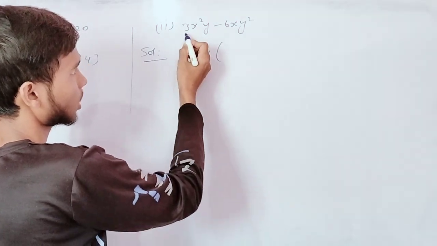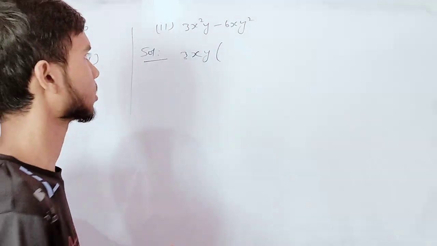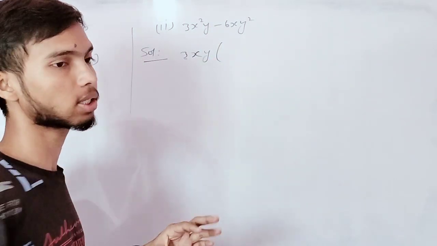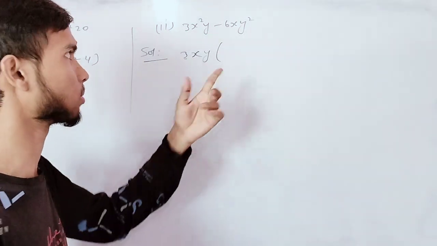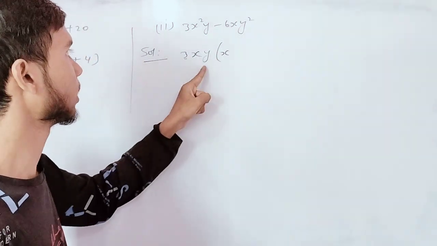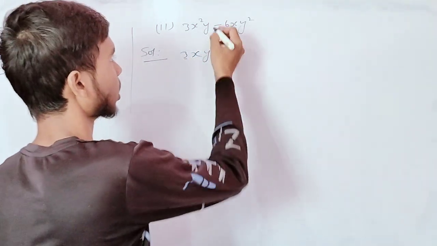Now this is 3, so I will write nothing as a number. Now this is x, this is x square. So here x is 2 times, but here x is 1 time. That's why 1 time more I will have to write here. Y is 1 time and y is here 1 time. So it is clear. Now next term, minus.